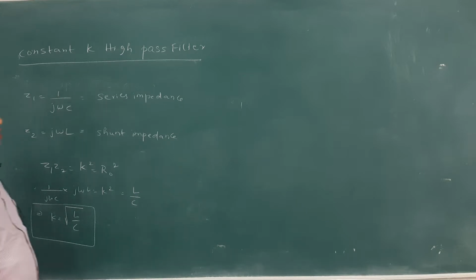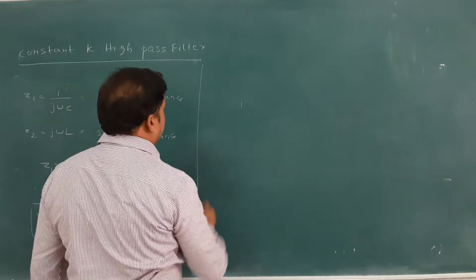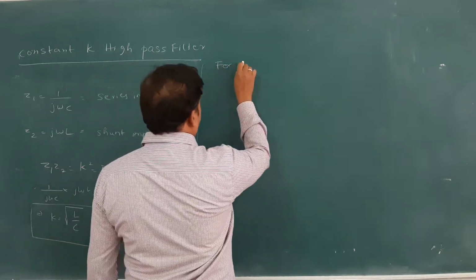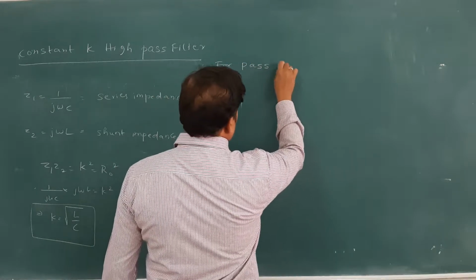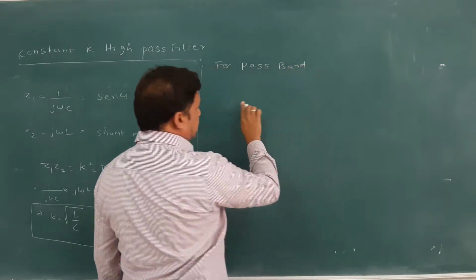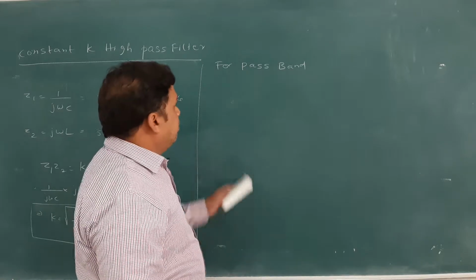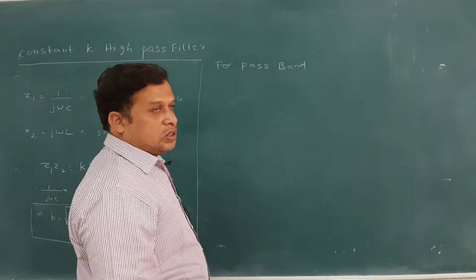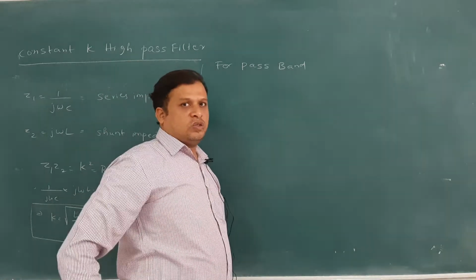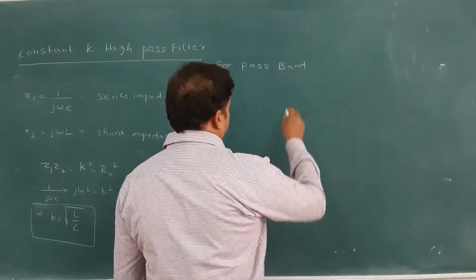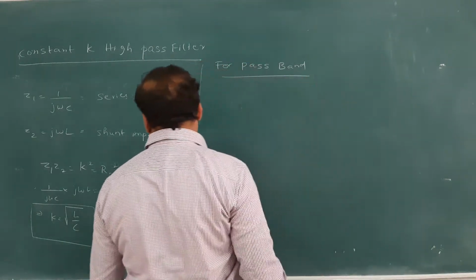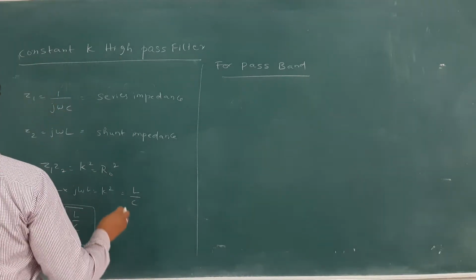Now we have a condition for pass band. For pass band in the high pass filter, as you are aware, what is a pass band? Pass band means which allows the frequencies to pass through. Stop band means which stops the frequencies there. For pass band, we write the conditions. We have already seen the conditions.